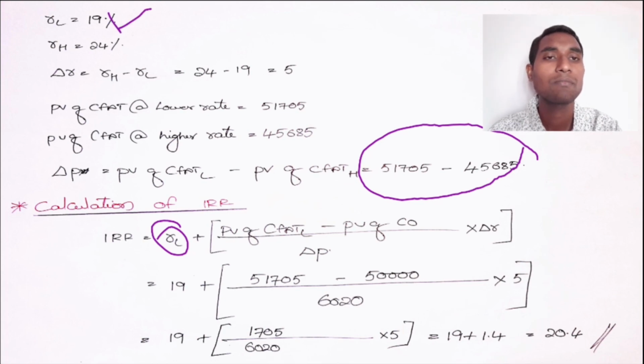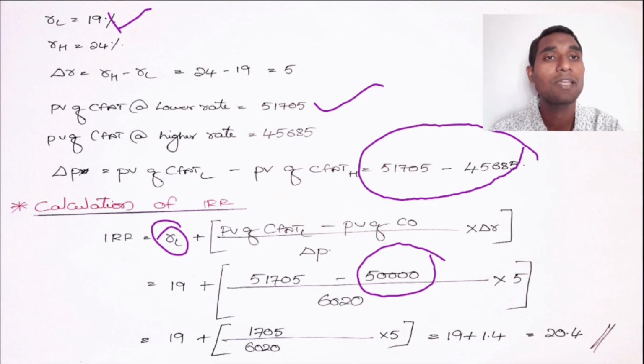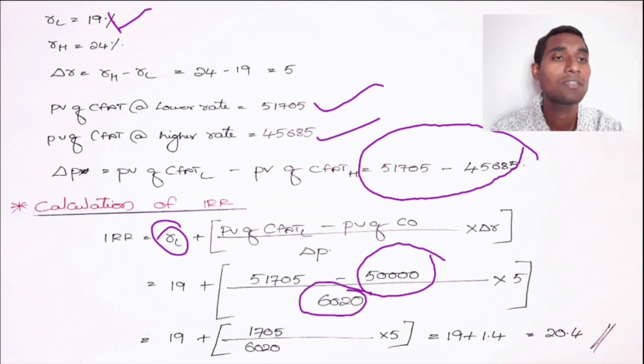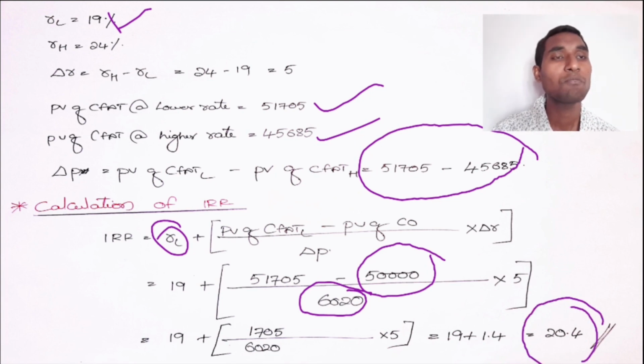So I took 19 plus PV of CFAT at lower rate 51,705, minus PV of CO, that means my investment 50,000, divided by delta PV, 51,705 minus 45,685, that is 6020, into 5. So I have substituted the values, simplified it, and the IRR is 20.4.